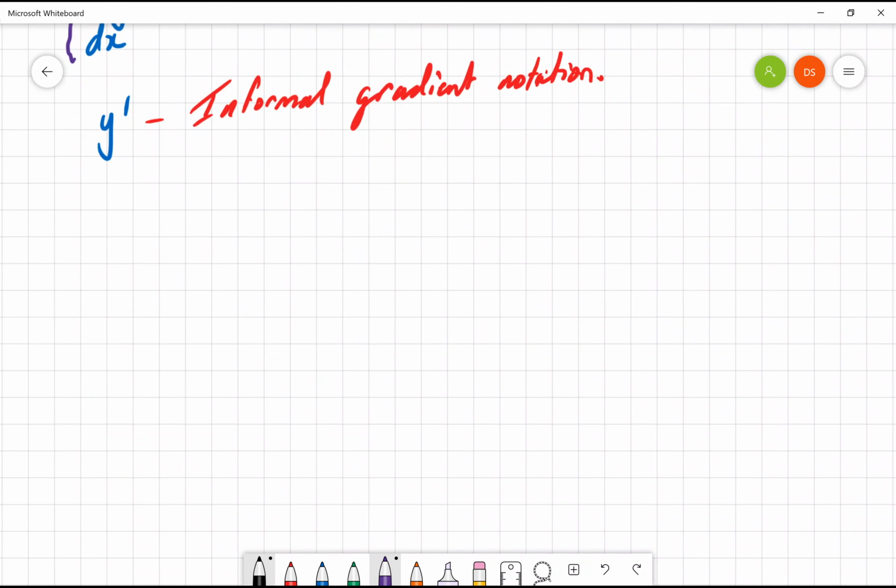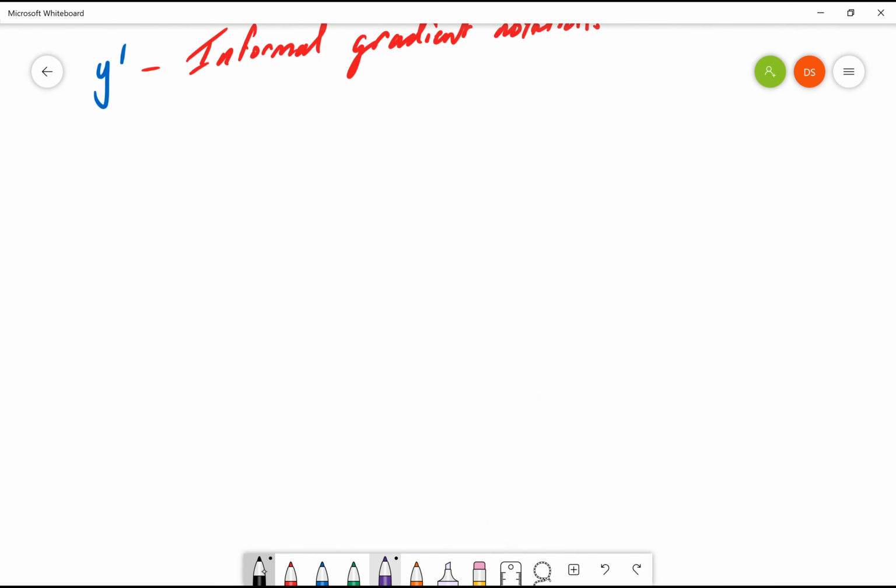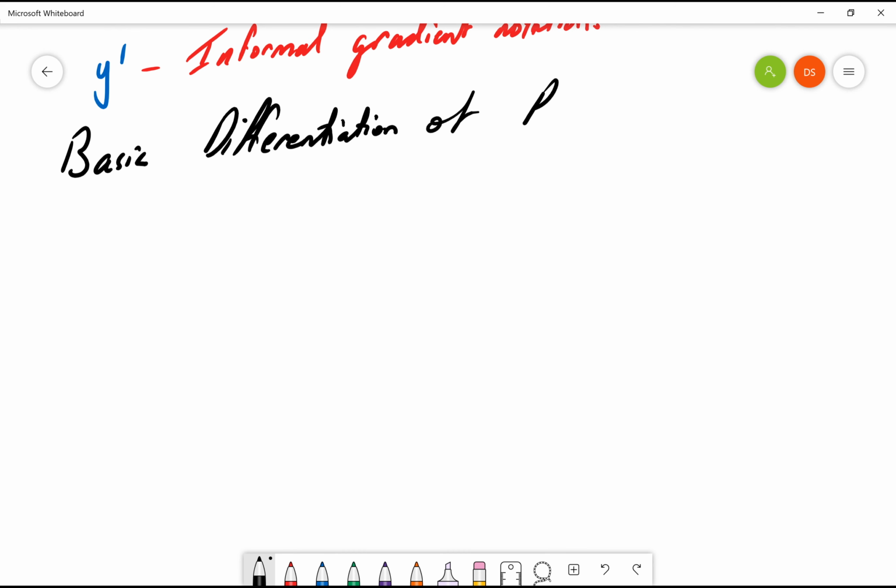Okay, so basic differentiation of polynomials. Okay, this is what we did in level 2.